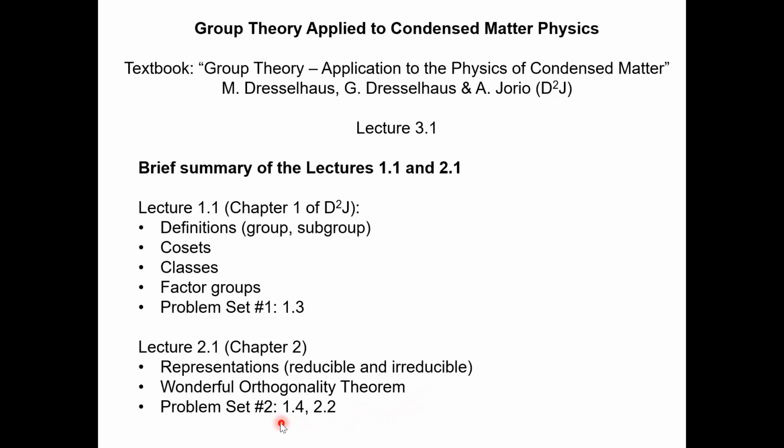And we had two problems in the second problem set, problem 1.4, problem 2.2. So if you are starting to follow this course now, basically these are the things that you need to review so that you are on the same footing as other people that have followed the course from the start.